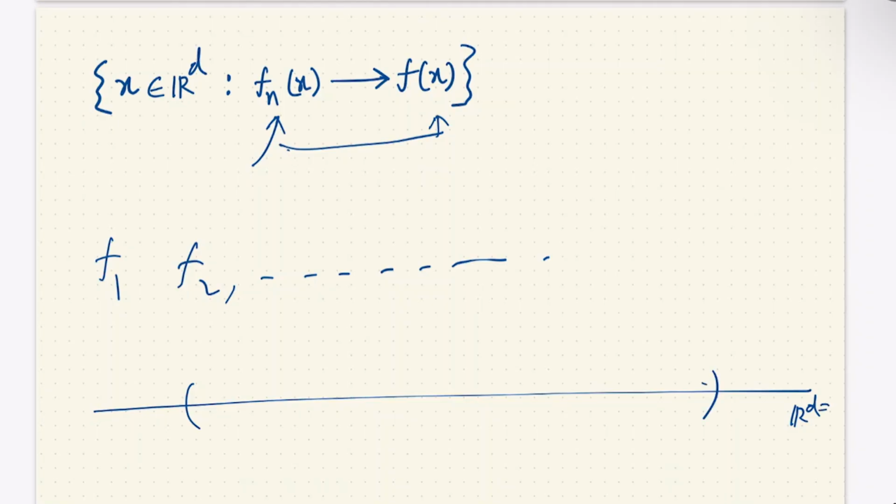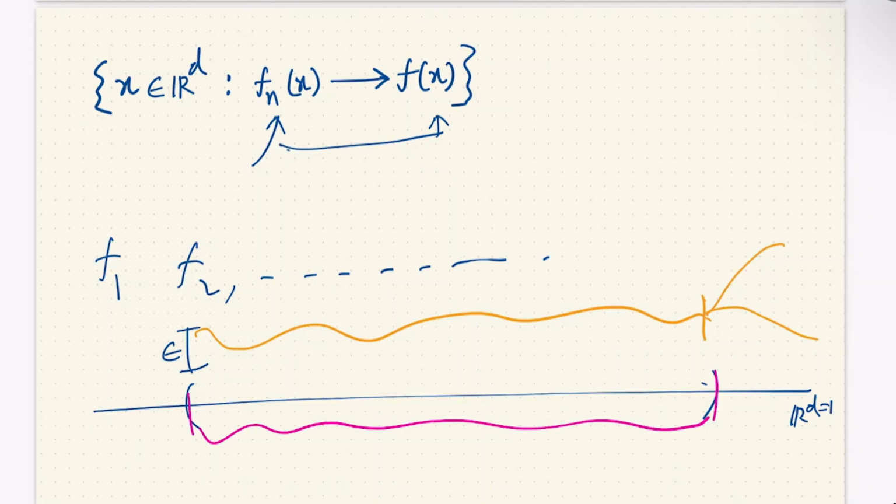Let's say for d equal to 1, if you choose the real line, these functions are coming into your choice of epsilon within a certain domain. After that, they break up, they go out. But within this domain, this set construction, this region, they are coming into this epsilon region.